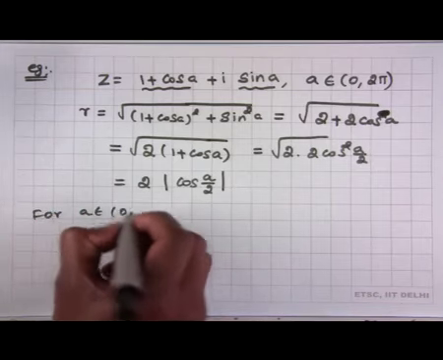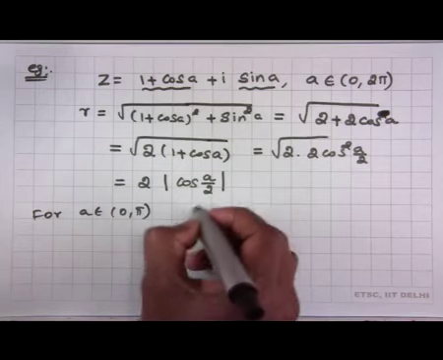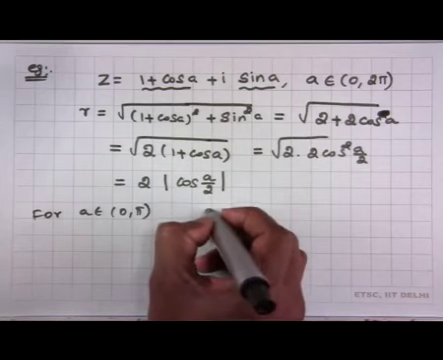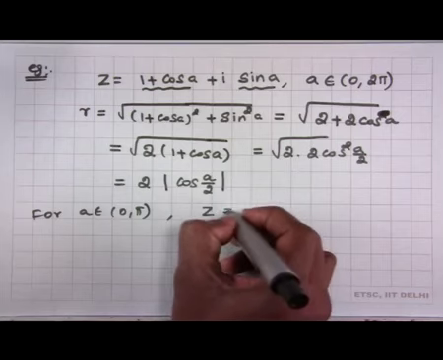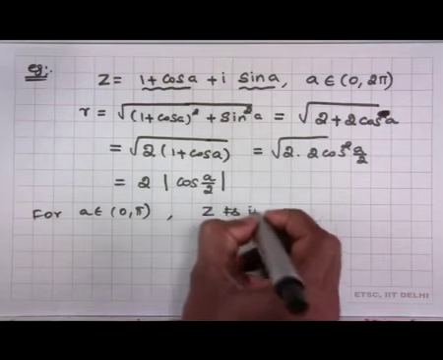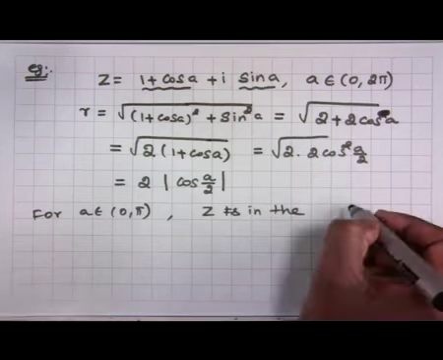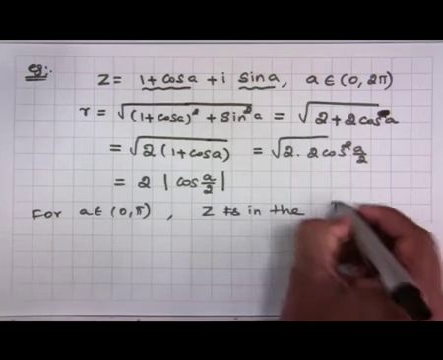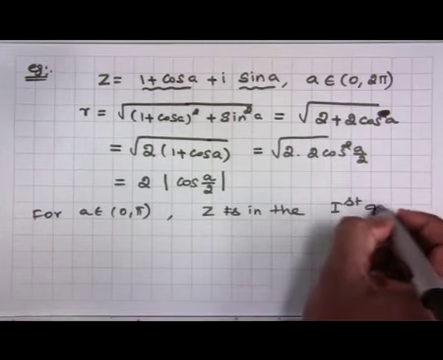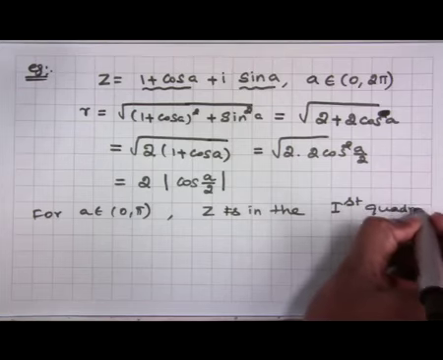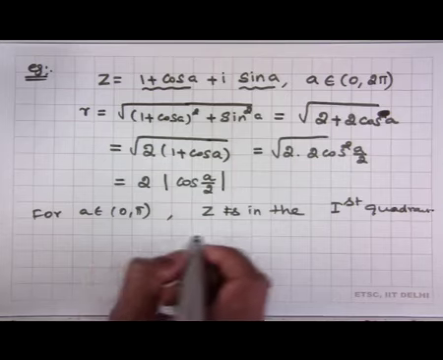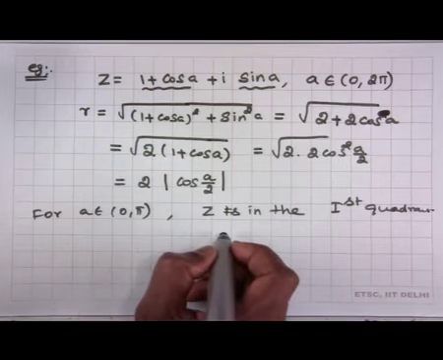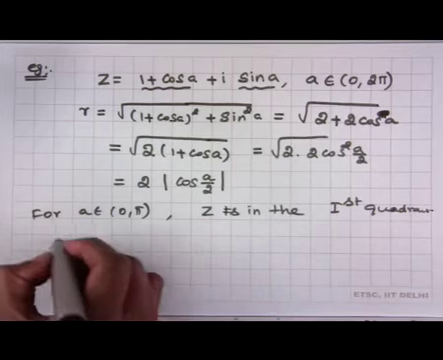So, for A in the interval 0 to pi, we see that z is in the first quadrant, which means that theta is directly the arc tan of y by x.